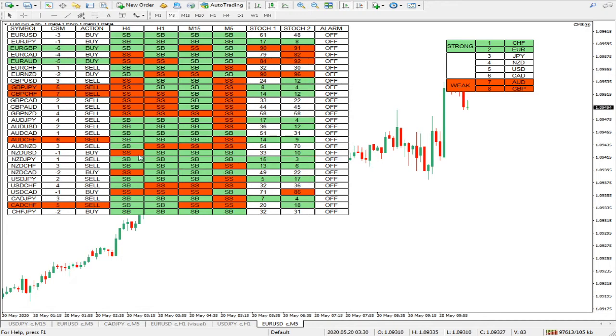All of them are in an uptrend. Then we also have CAD JPY, where there's an active uptrend. We also have CHF JPY, an active uptrend. So far, pairs that are in a downtrend, we have USD CAD, and we also have GBP NZD. So let's move forward and see what we have on the individual symbols.